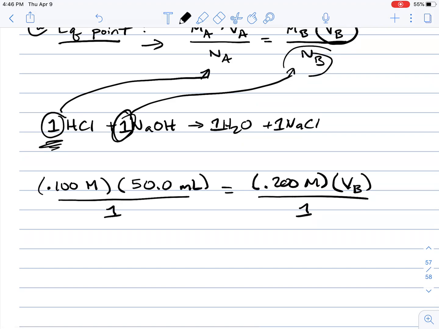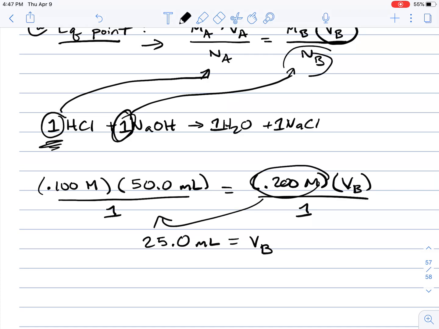And so to determine the volume of the base, we're just going to divide 0.20 to the opposite side. I'm going to get 0.10 times 50 mils, and I'm going to divide this by 0.2. And so the volume of the base is going to be 25 milliliters.